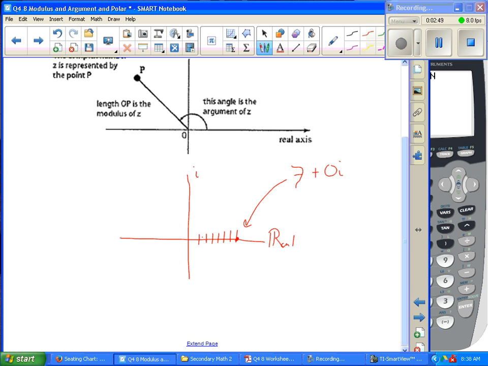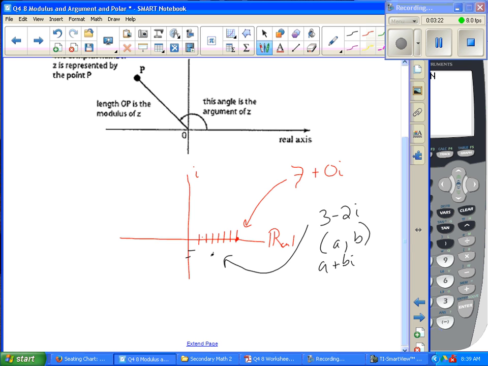If I wanted to graph 3 minus 2i, I go over 3 with the real, and then down 2 with the imaginary. So you're graphing it like x comma y, where the ordered pair goes a comma b when you have it in the format a plus bi.